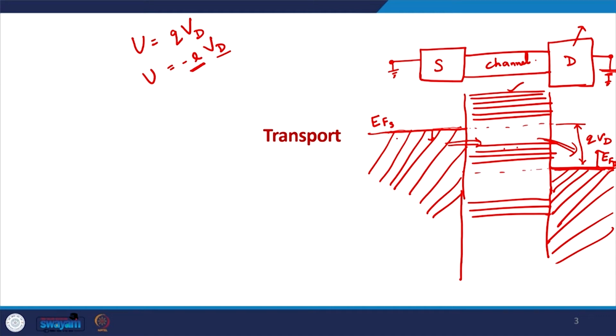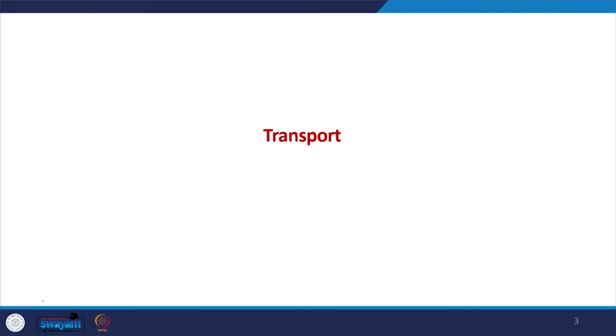With this we'll see how we start understanding the transport in electronic devices with our knowledge of density of states and the Fermi function.